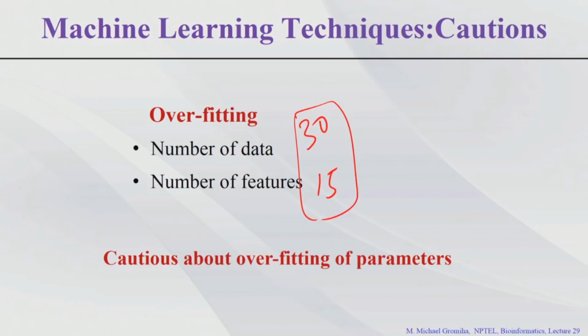So, you can cause overfitting, because even if one parameter can take care of 2 data, all the 15 parameters can take care of all the 30 data, and accuracy will be 100. But when a new one comes, if it does not fit within any of these values, then it is completely wrong.